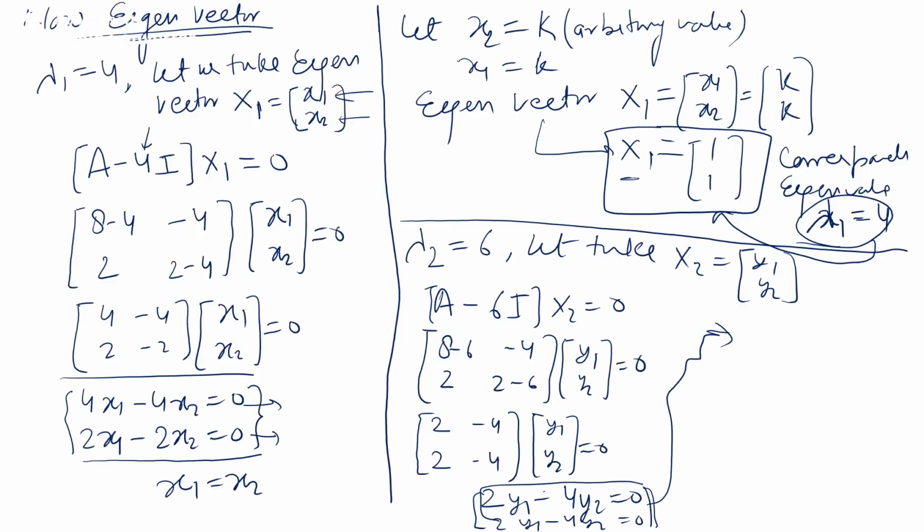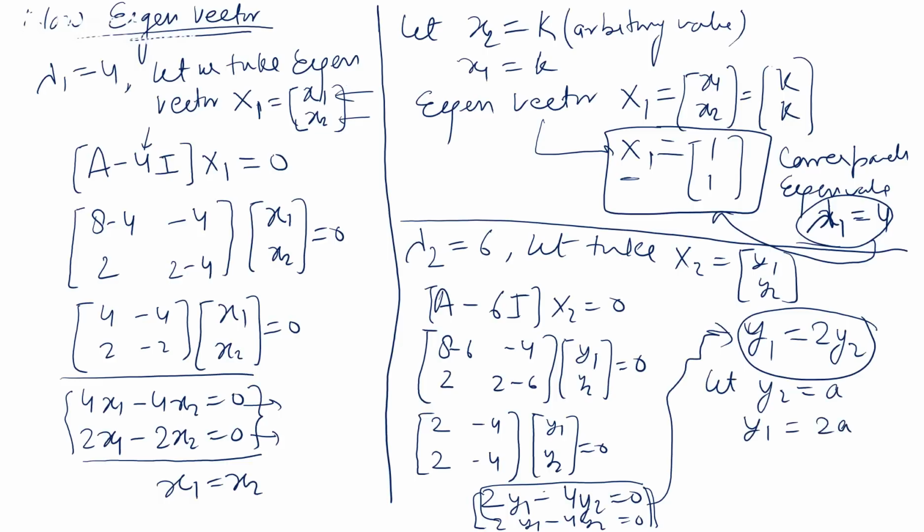So this equation implies y1 is equal to 2 times y2. Let us take y2 as any arbitrary constant, say a, so y1 is 2 times a.